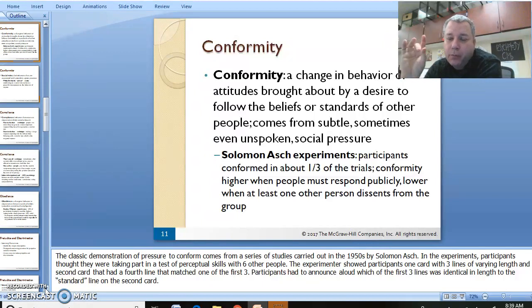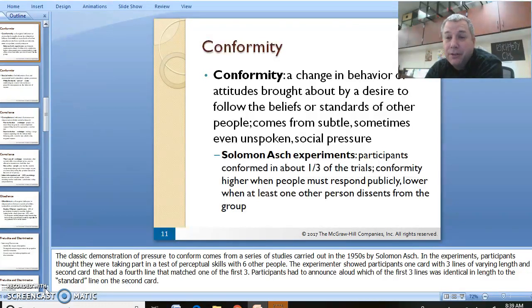Conformity is when we conform to the group, because human beings do not like to stick out in the crowd. We do not like to go against the crowd, because 100,000 years ago, in our little groups, we did not want to stick out of the crowd because that could have meant death.